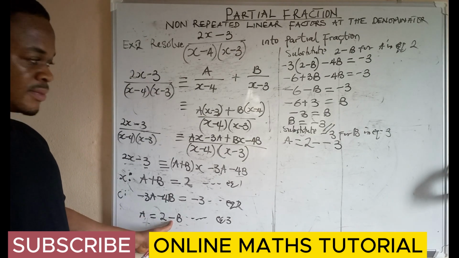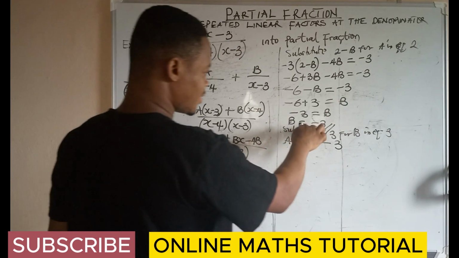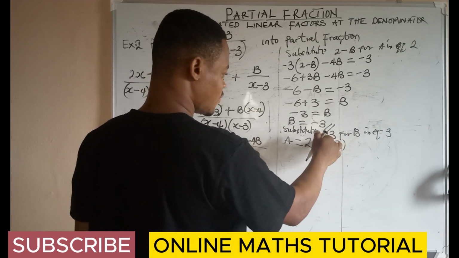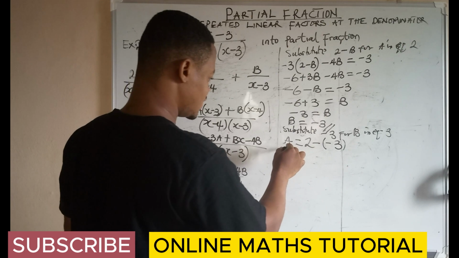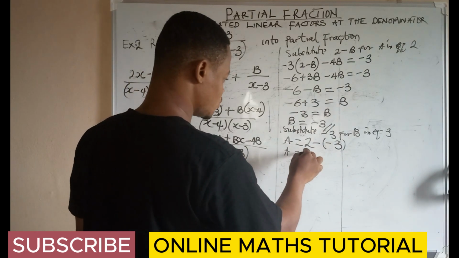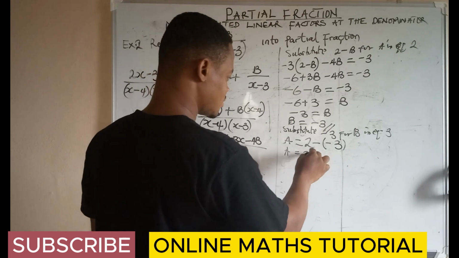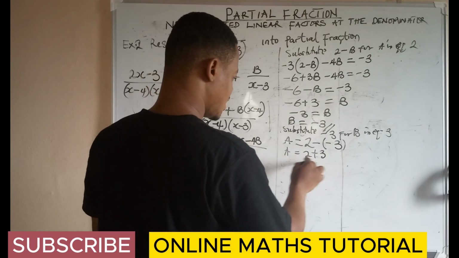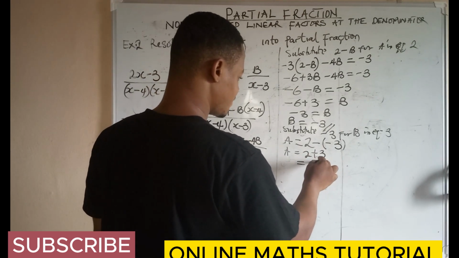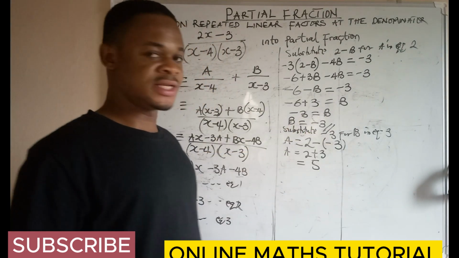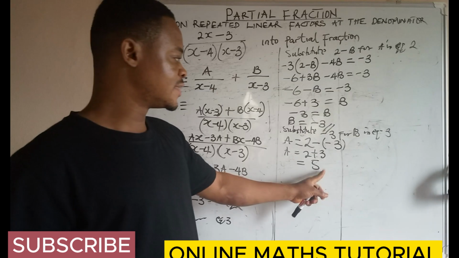This is just for b. So we have a equal to 2 minus minus, which is plus. That is plus 3, and that will give us 5. So the value of b is minus 3 and the value of a is 5.